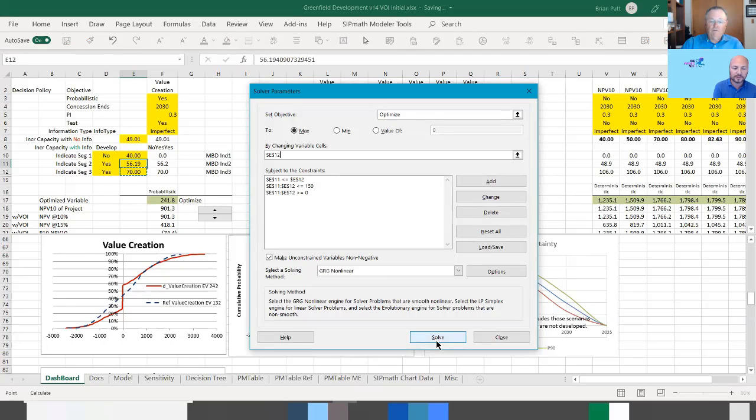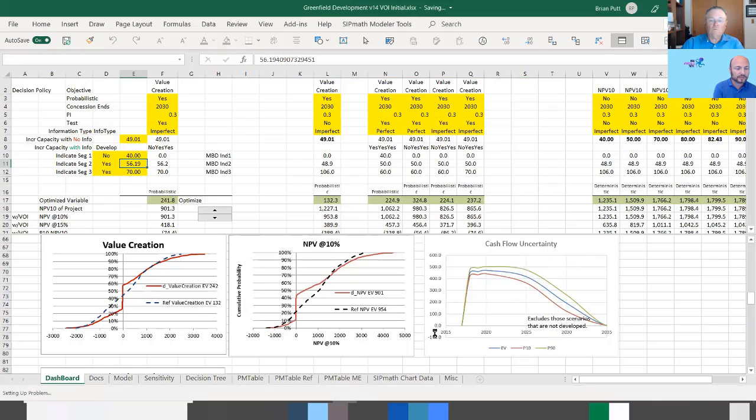We'll say solve. When we finish optimizing on both of those, we'll have a nice answer. And I feel fairly comfortable that it's going to be higher than the 327 we had. We're already higher at 241.